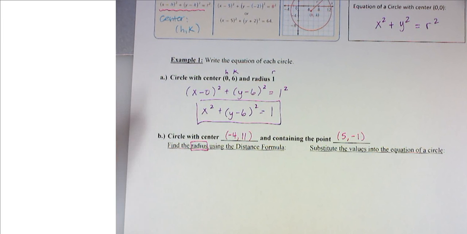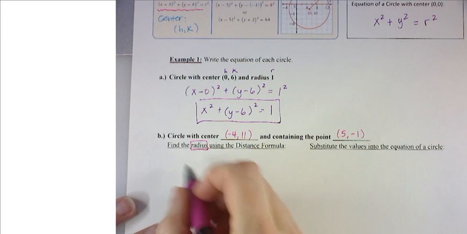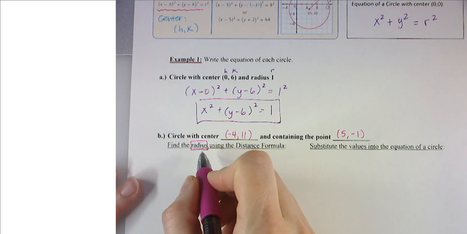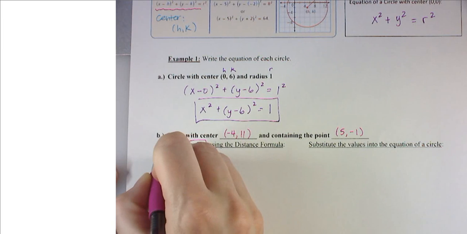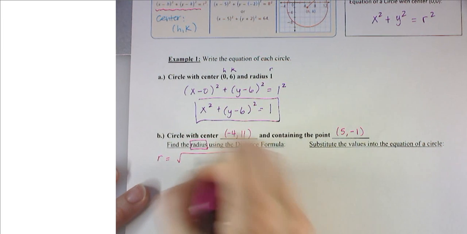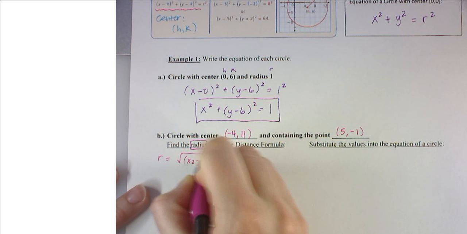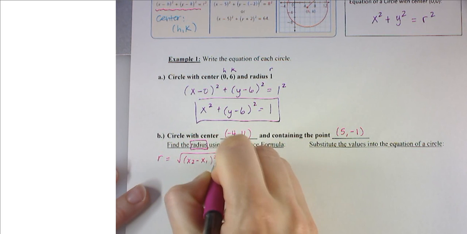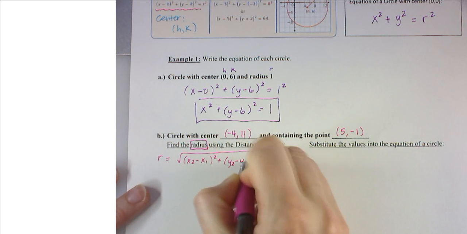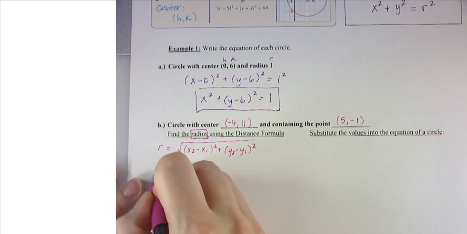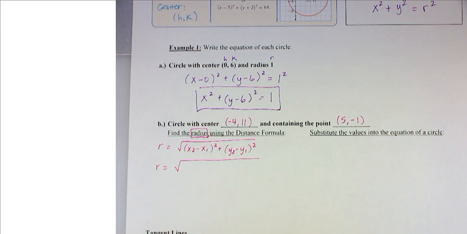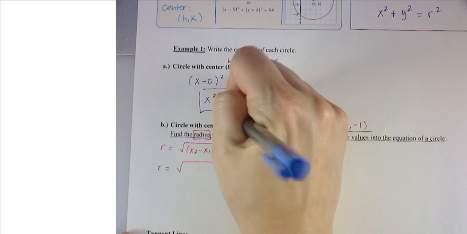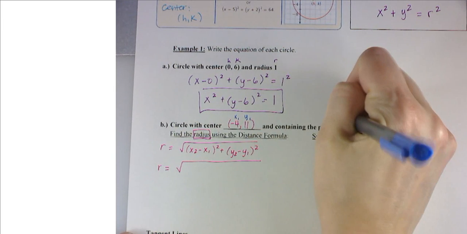So if we're doing the distance formula, usually it's d equals, but we're going to use r. So the radius equals the square root of x2 minus x1 squared plus the difference in the y coordinates squared. So the radius is going to equal, you can think of this as your x1, y1, this is your x2, y2, and then what we're doing is finding the radius.